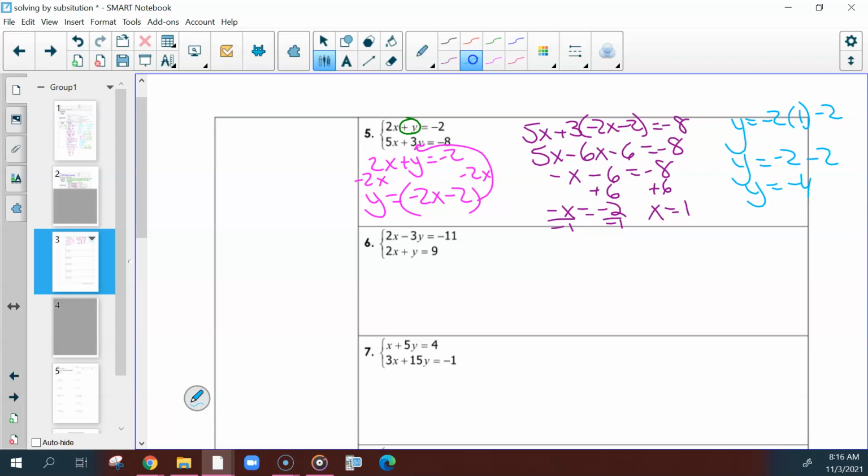And then once you have your x and your y, you can put them together as an ordered pair.